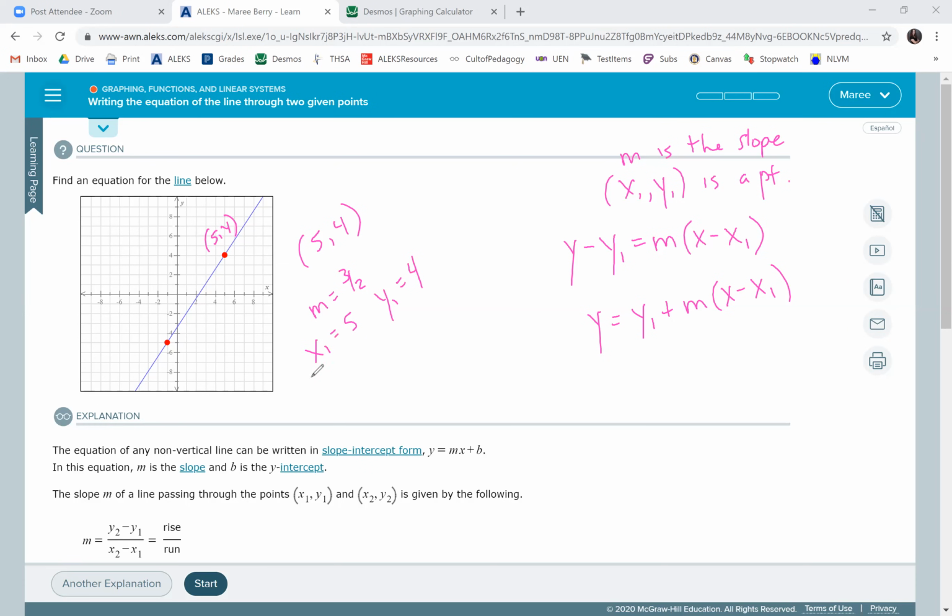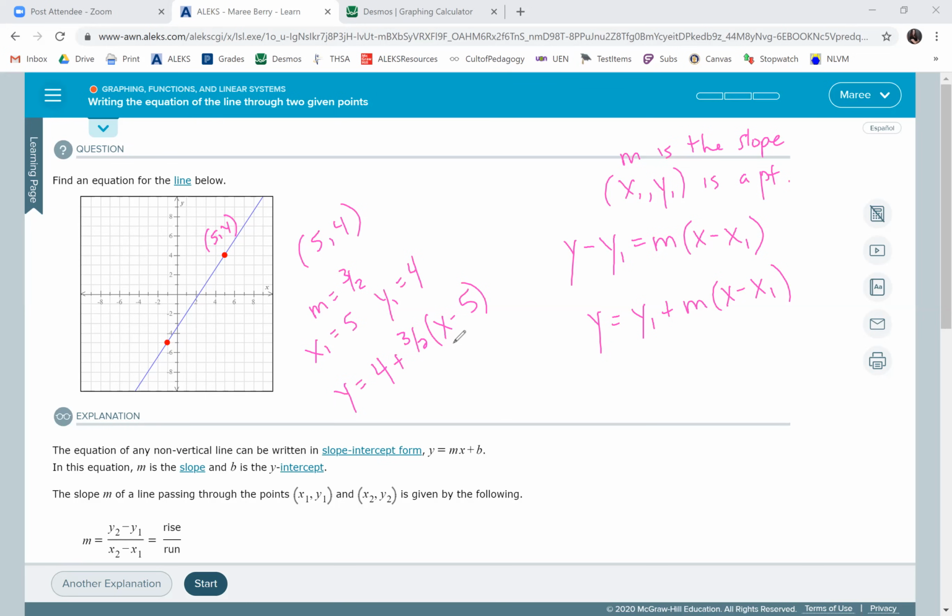Then when we plug it in, let's do the second one. So we have y equals 4 plus 3/2 parentheses x minus 5. Boom. That's your equation. And I don't know if they're going to accept it or not, but I think it's way easier. Or the first one. We could do the first one too.